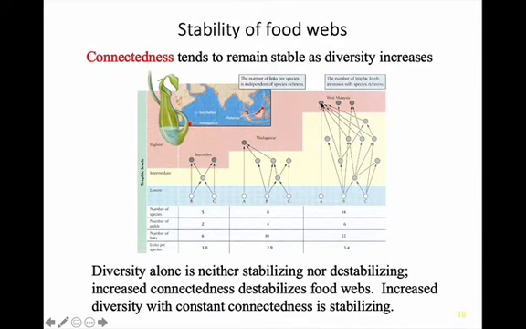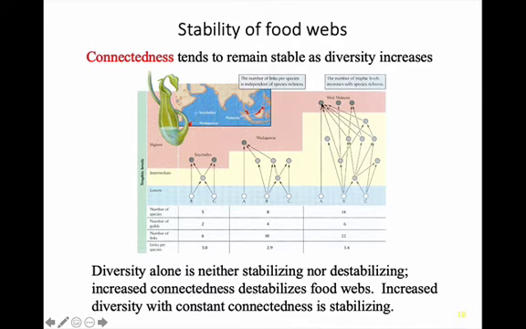So here we see a lot of this in nature where the links per species don't change that much. Okay? But the diversity is quite different. If you increase diversity, the only way that you maintain stability or increase stability is by keeping the linkages constant or even decreasing them.